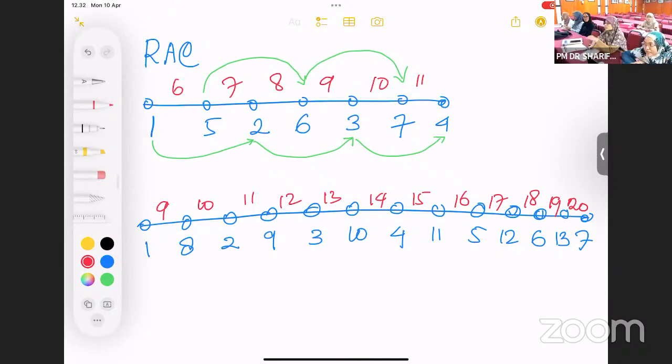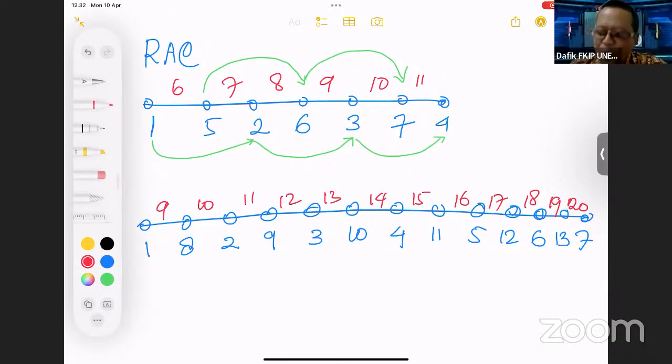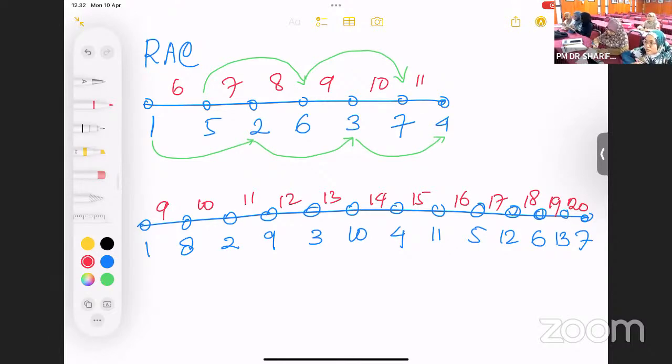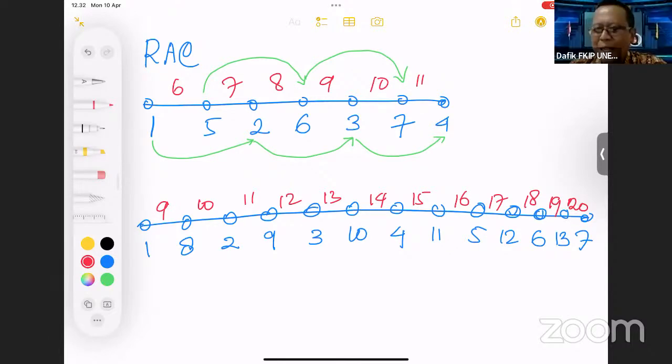Yeah, sometimes it is not satisfied for an even number of vertices, but it is satisfied for an odd number of vertices.